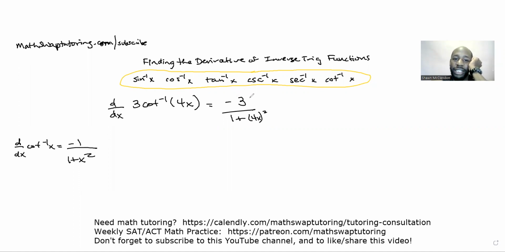All right, so that's the derivative of the outside times the derivative of the inside. The derivative of 4x is just 4. So that's going to give us negative 12 over 1 plus 4x quantity squared, which is 16x squared, okay?